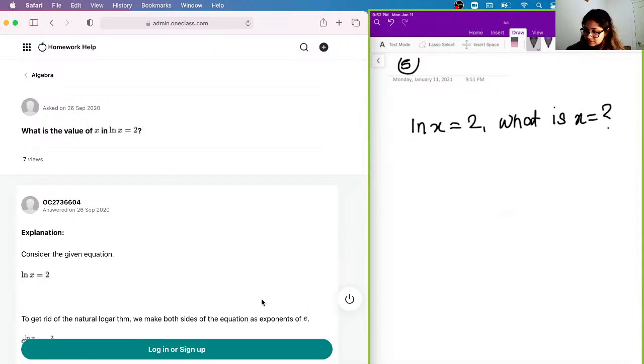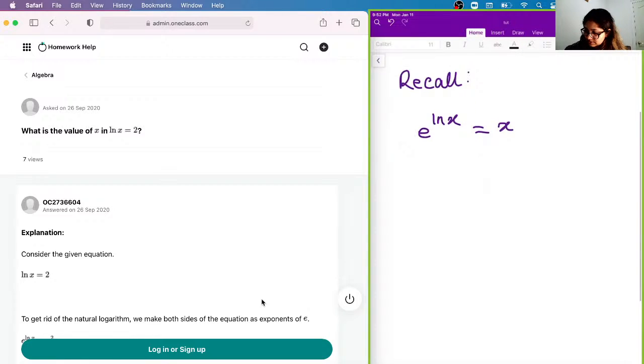So if you guys recall the property where you have e to the power of ln of x, which is equal to x, right?